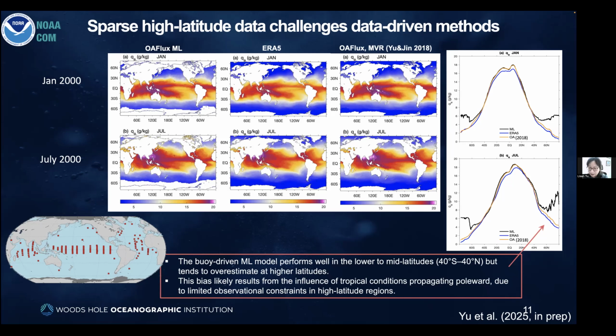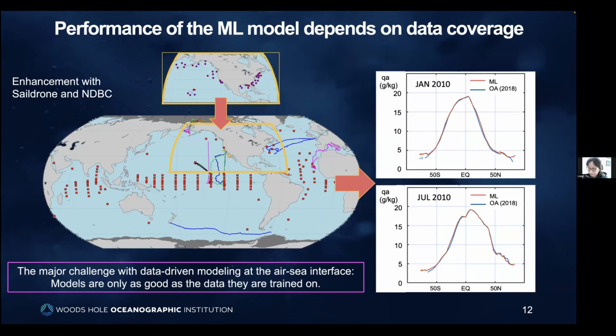But when coming to the high latitude, because there are no in situ observations to train the model and tell the model what to do, the model uses the tropical information to simulate the high latitude humidity. Of course, it does not work. That's why you see that machine learning with this buoy-based, tropical-based database breaks down at high latitude.